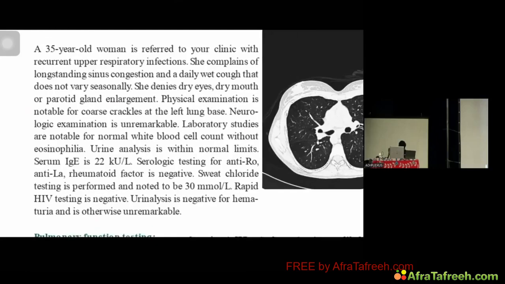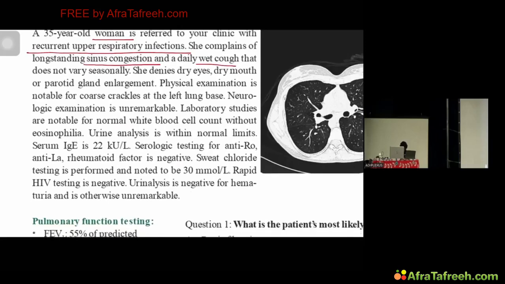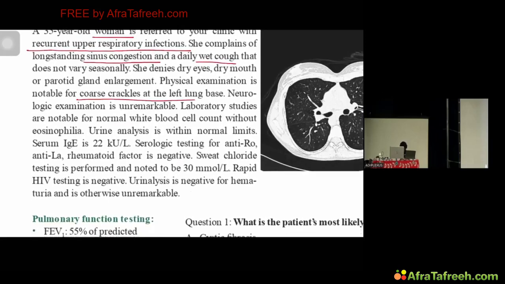A 35-year-old female is referred to your clinic with recurrent upper respiratory tract infection. She has long-standing sinus congestion and wet cough. She denies dry eyes, dry mouth, parotid gland enlargement. Coarse crepitations are heard over the left lung base.